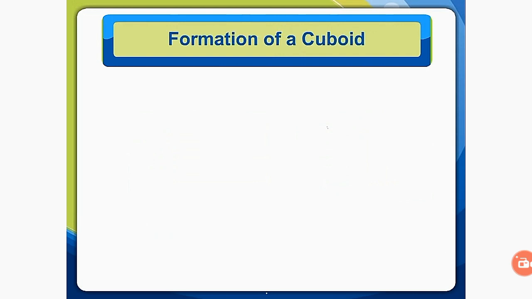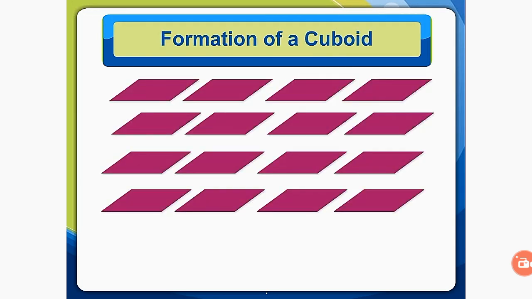Before calculating the surface area of a cuboid, let us first see how a cuboid is formed. A cuboid is formed when many rectangular sheets of paper are all combined together; they arrive at a new shape. We can see here there are 16 sheets of paper.